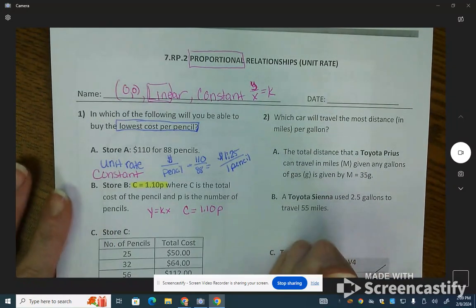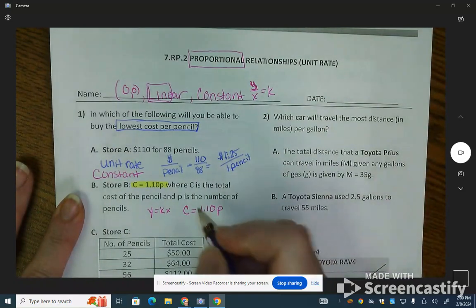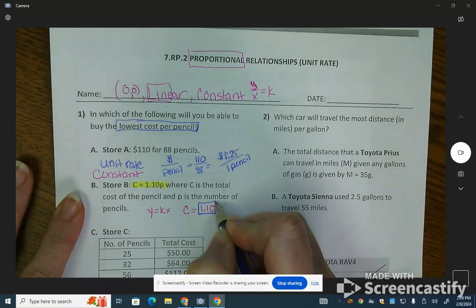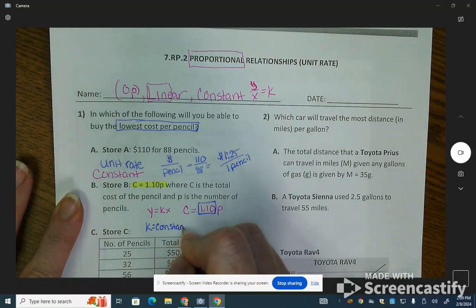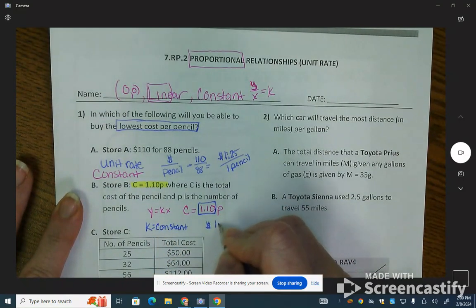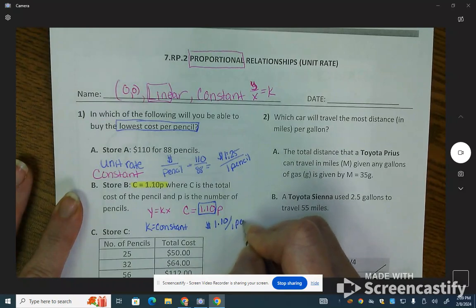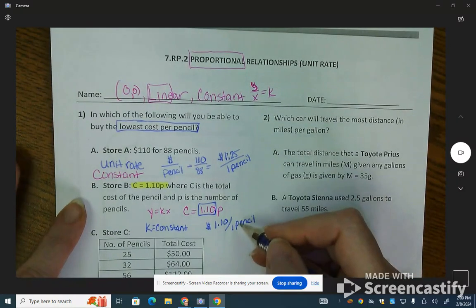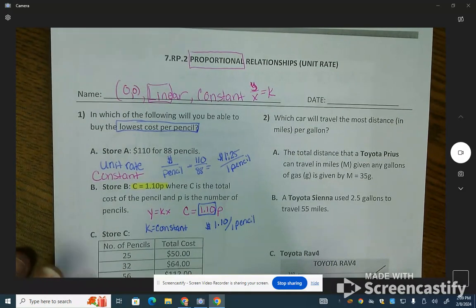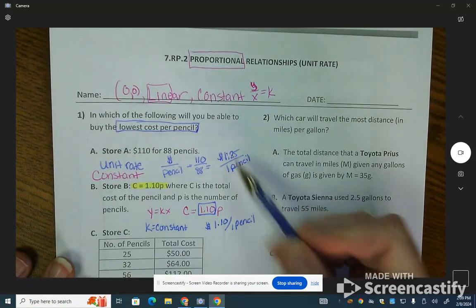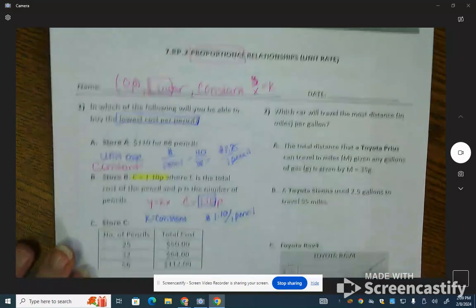Now this is the easiest one you're going to get because you're going to pull the K or the constant out. K equals constant. And the answer for this one is $1.10 for one pencil. So right now, store B is the cheapest until we get down here to store C and D. Now we got to keep in mind $1.25, $1.10. This is the cheapest deal.